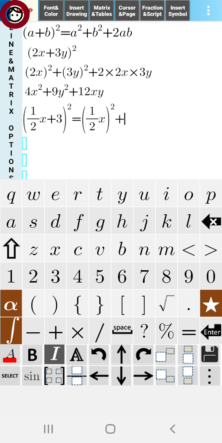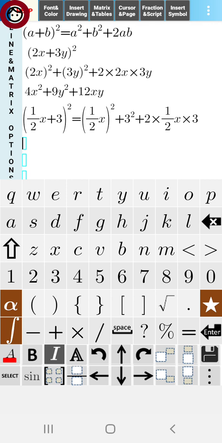Now in place of b² we will write 3², since we have 3 in place of b here, plus 2ab, 2 into 1/(2x) into 3.